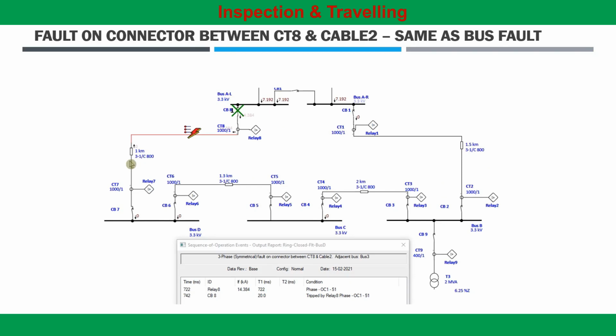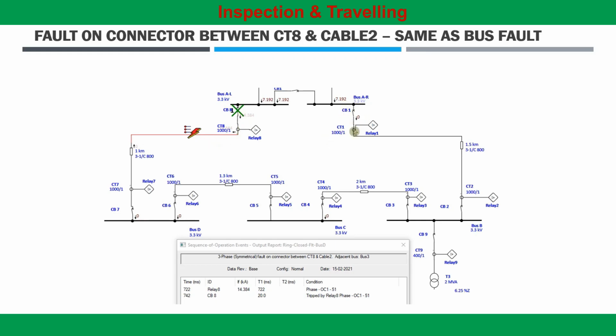Now in the previous slide we considered a fault below cable 2. Now if the fault happens above cable 2, as you can see, this fault is considered as a bus fault as there is no impedance between the relay and the fault. So all the fault current will flow through relay 8 only.